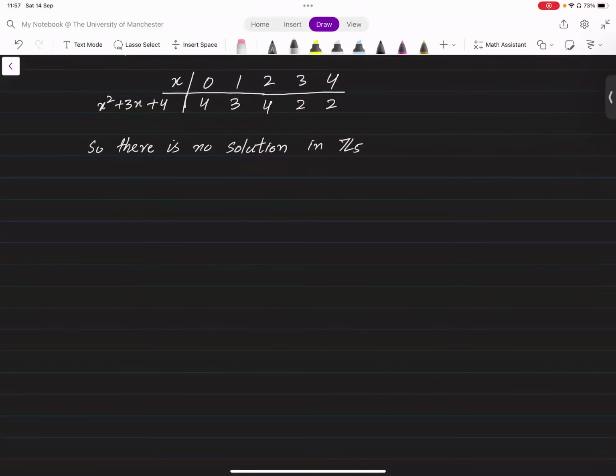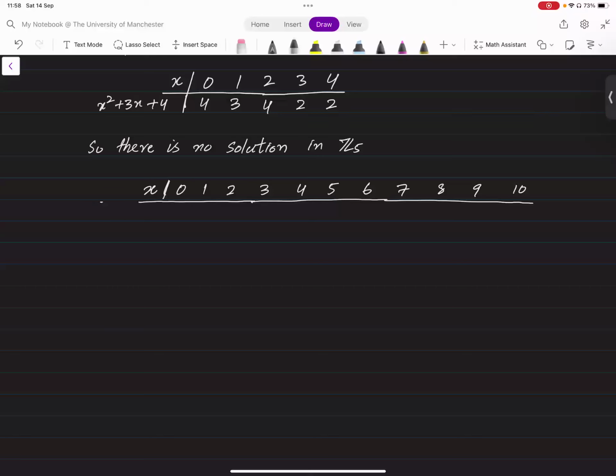So let's try that. x is 0, 1, 2, 3, 4, 5, 6, 7, 8, 9, 10. Now Z11 has all these values. And then we have the equation x squared plus 3x plus 4.